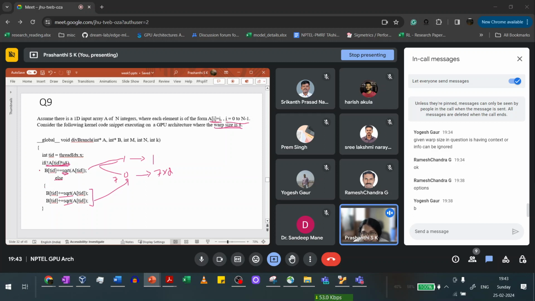If it evaluates to the if part, then you basically have only one square root instruction. If it goes to the else part, you have 2 square root instructions. So for TID 0, you will have only one square root instruction. For TID 1 to 7, which is 7 threads, you will have 2 square root instructions. So you're asked for the total number of square root instructions across all threads in warp 0. So you have to add both of these.